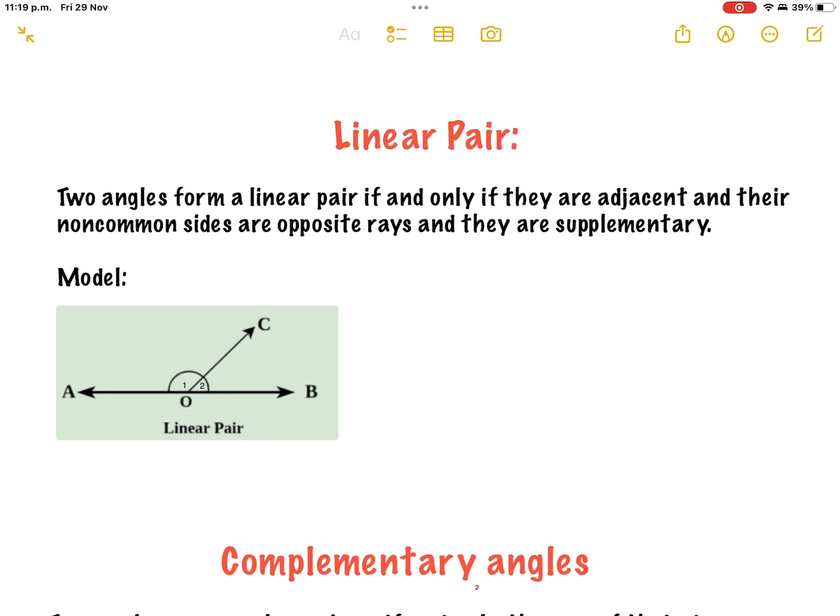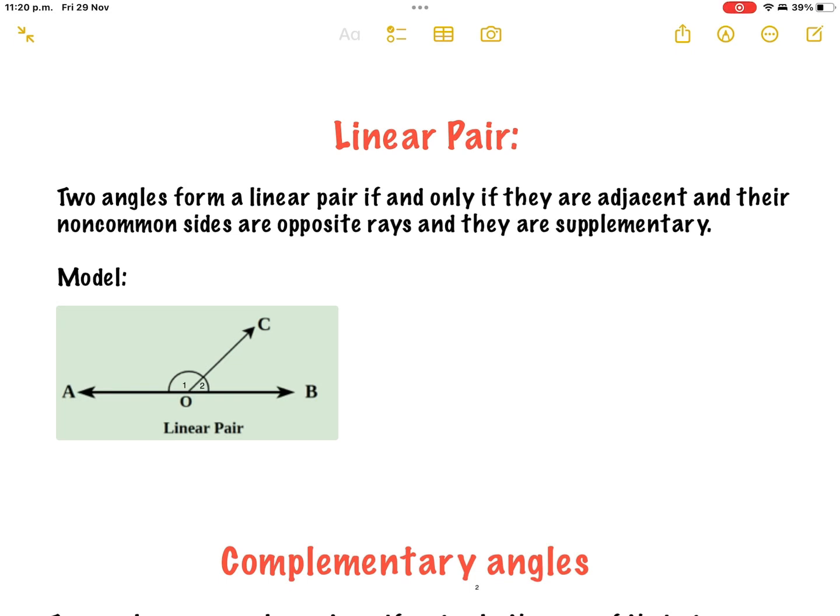So a linear pair is basically a straight line that is separated by one ray, and that ray makes two adjacent angles.